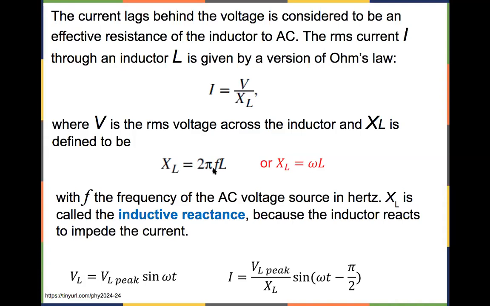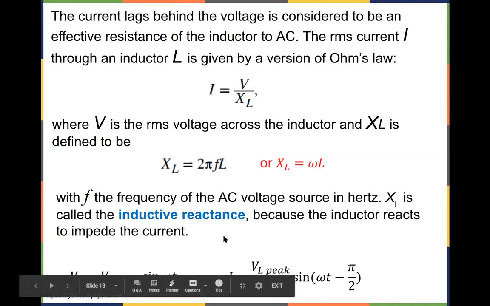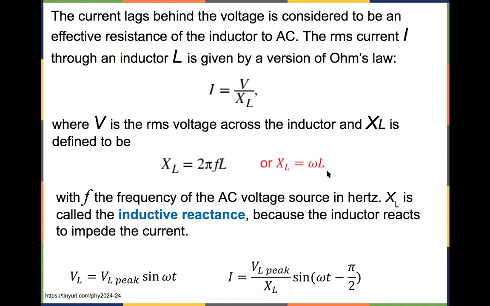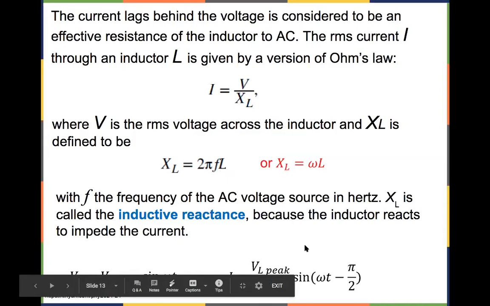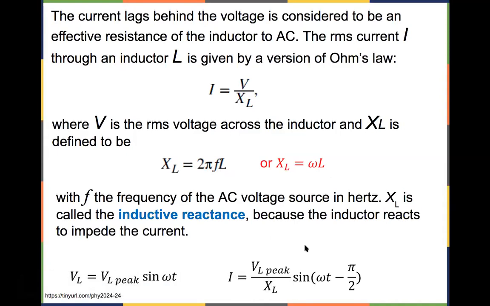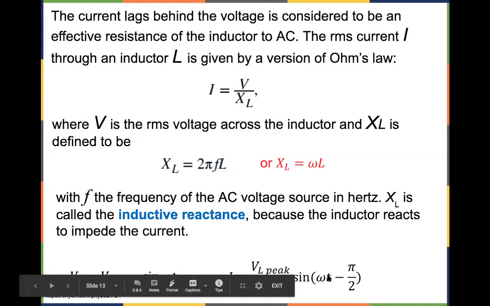In this case, we can write the voltage supply to the inductor as the peak source voltage times sine of omega t. Then if you divide this by XL, the current is V over XL times sine of omega t minus pi over 2, because the current lags by pi over 2.